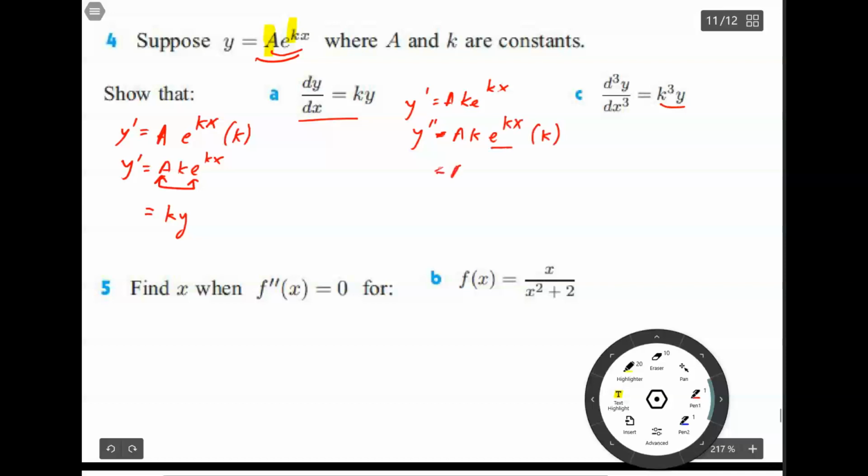So that's equal to ak squared e to the kx, and that's the second derivative, right? Let's do the third derivative. The third derivative would be ak squared e to the kx again, and then we also have the chain rule again. So it's equal to ak cubed e to the kx. And we could simplify this because a and e to the kx together are y, so it's equal to k cubed y. So we've shown that too.